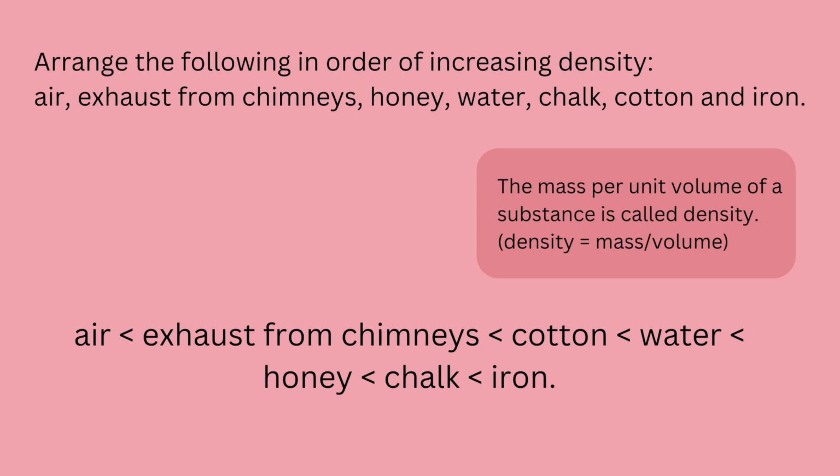In this case you might be confused: how can you consider cotton to be less dense when compared to water? Let us think about it in a different way. You take 1 kilogram of water, meaning 1 liter of water, since 1 liter of water weighs almost 1 kilogram, and you take the same weight in cotton.